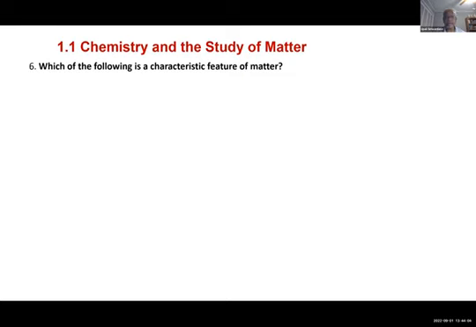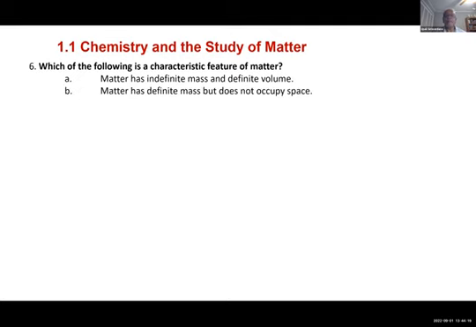Which of the following is a characteristic feature of matter? Matter is something which has mass and a volume. Definite mass and definite volume. That is a characteristic feature. Matter doesn't have definite volume. Matter could be gases, liquid, solids. Therefore, definite volume is not a feature of matter. Matter has definite mass, but does not occupy space.